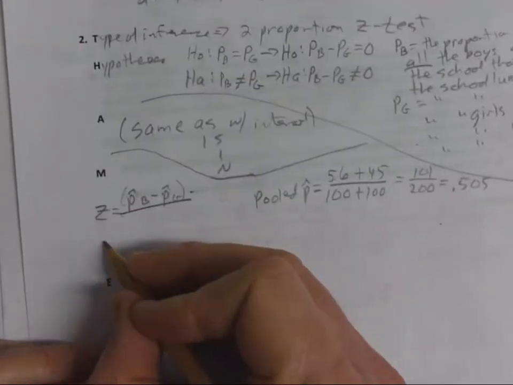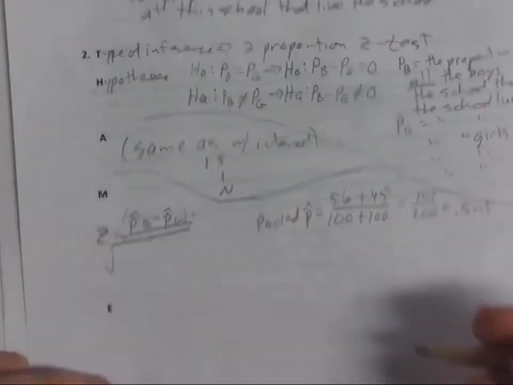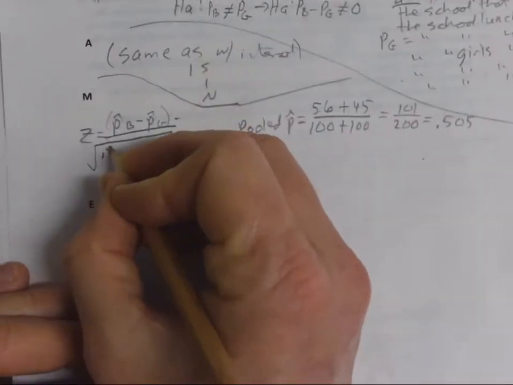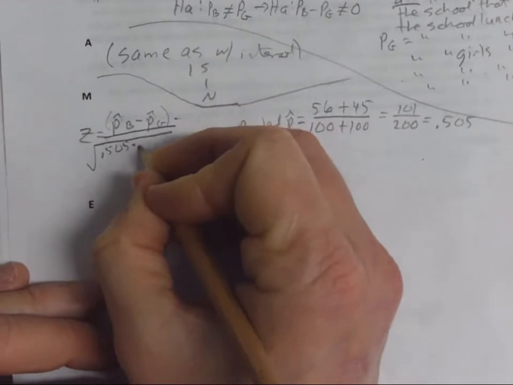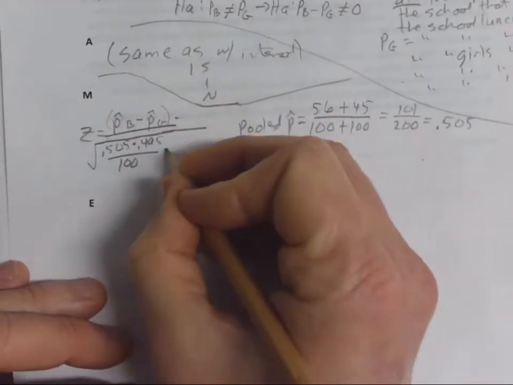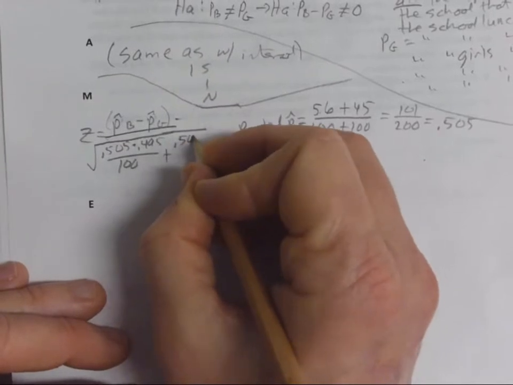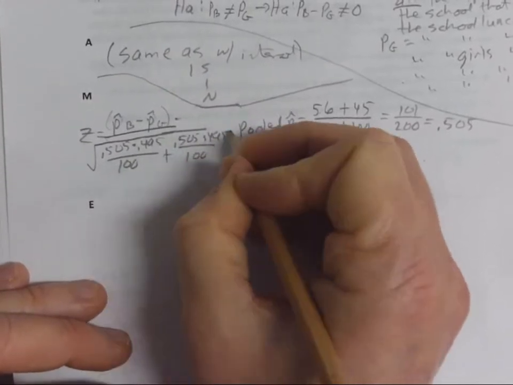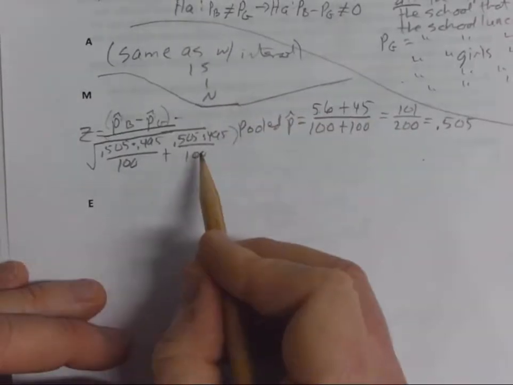So this would become the square root of, and as opposed to 0.56 and 0.45, we're going to use 0.505. So this would be 0.505 times 0.495 over 100 for the boys, and then for the girls, 0.505 times 0.495 over 100. That would be our standard error here.